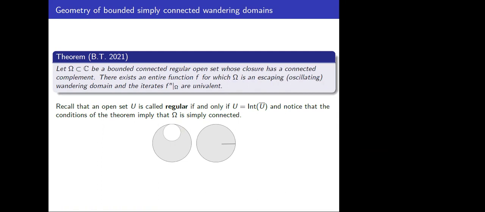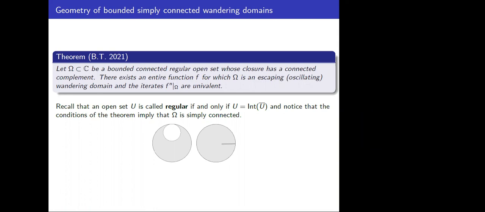The theorem says: let Omega be a bounded, connected, regular open set whose closure has a connected complement. Then there exists an entire function f for which Omega is an escaping, or you can also make it oscillating, wandering domain, and the iterates on Omega are univalent.